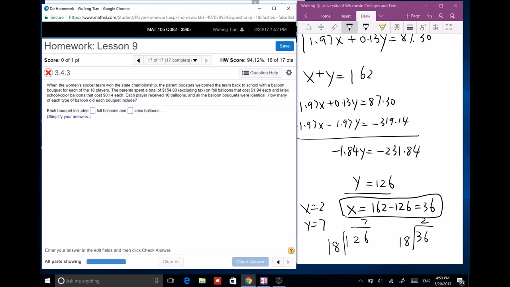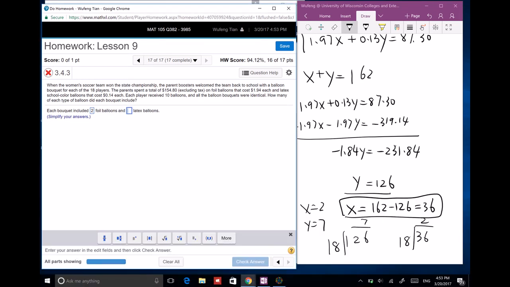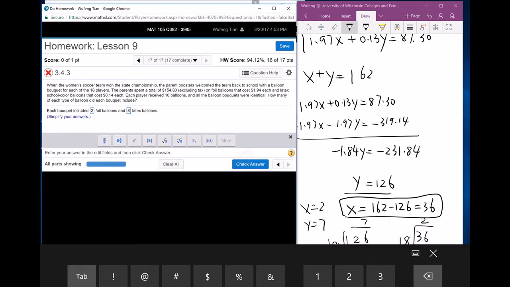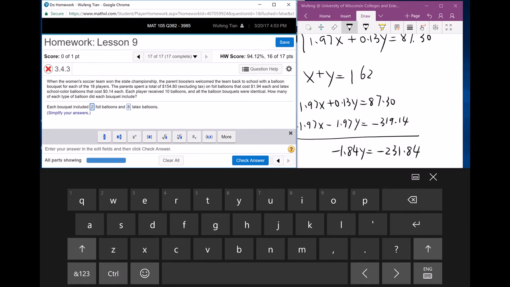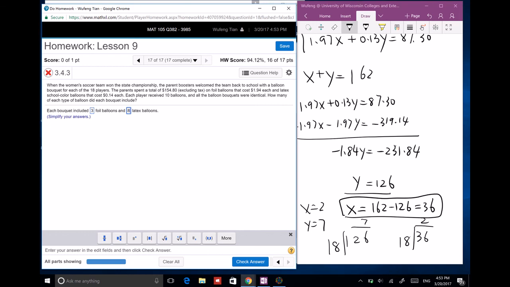Okay, you can do that by yourself. Just guess. Like 2 and 8? Let's check it. 3 and 7? So you have to do the same thing again, like how I set up the equation. I just guessed the answer for this one.